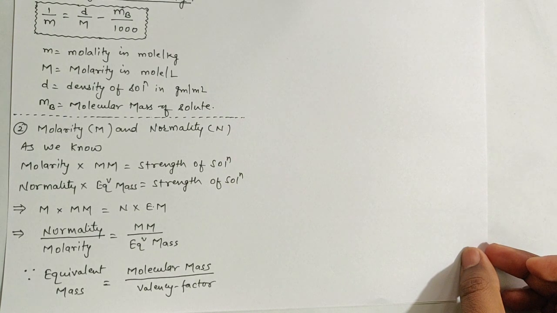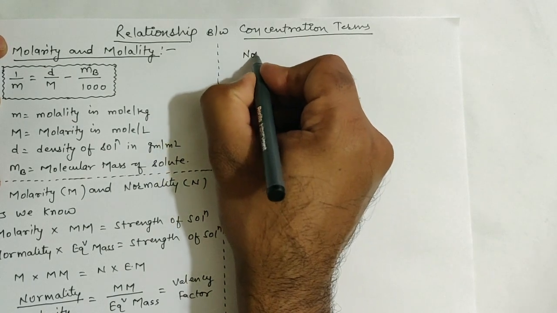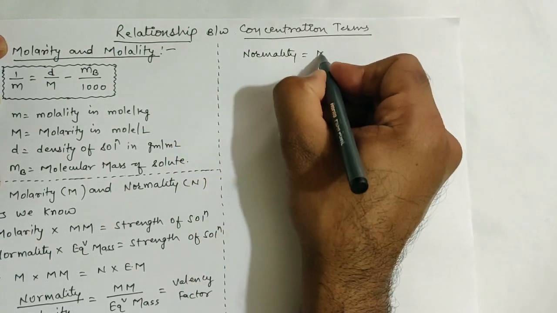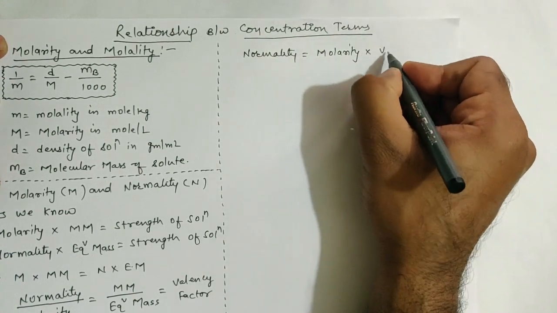As we know, equivalent mass is equal to molecular mass divided by valency factor. Normality equals molarity into valency factor.